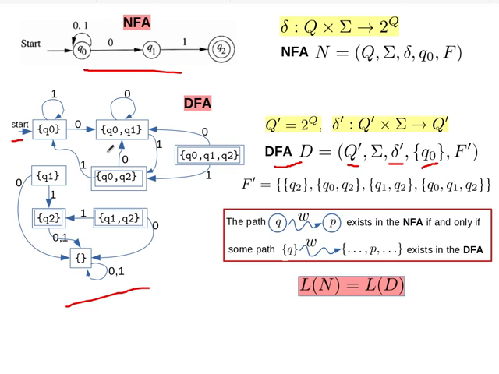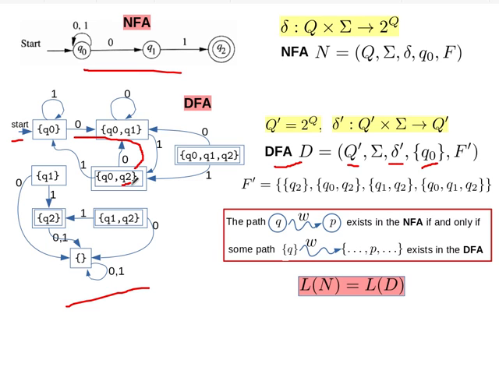So we can make all the states which contain q2 final states, right? As we saw, on 0 1 it can reach either q0 or q2, but if it reaches q2 on 0 1, that's fine. That means this 0 1 is accepted in our NFA.